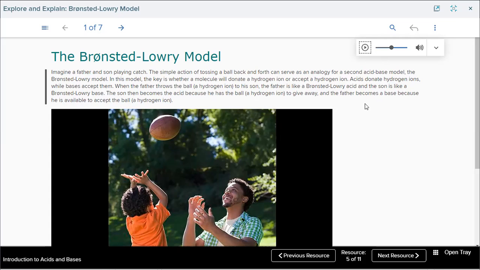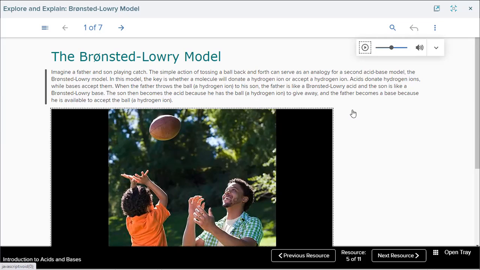Why? Because the father is like a Bronsted-Lowry acid because he becomes donor or acceptor for this ball. Father will be donor or acceptor, Mariam? To his son, he will be donor.